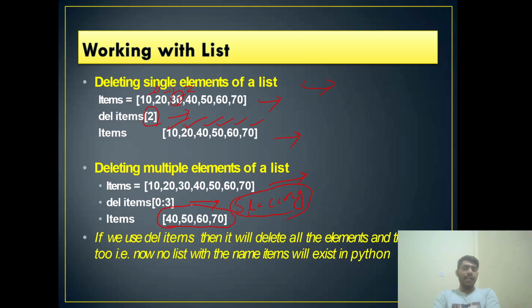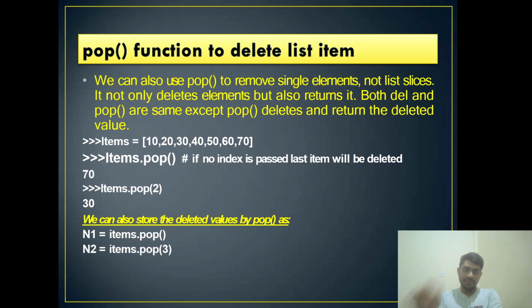If you want to delete all the items, if you use del items without writing anything else, then it will delete all the elements and the list will be empty.